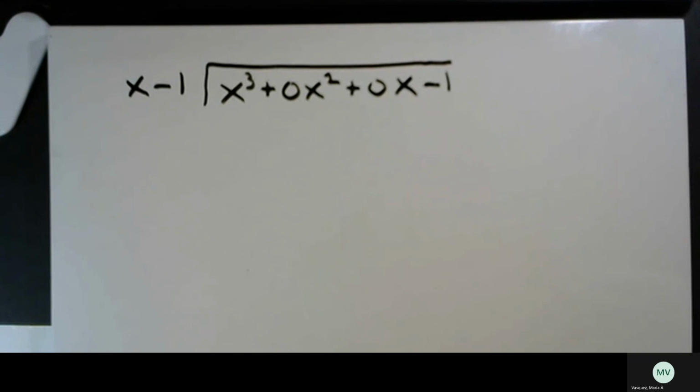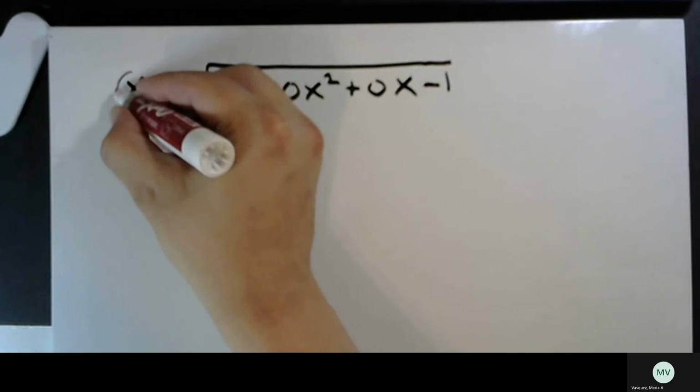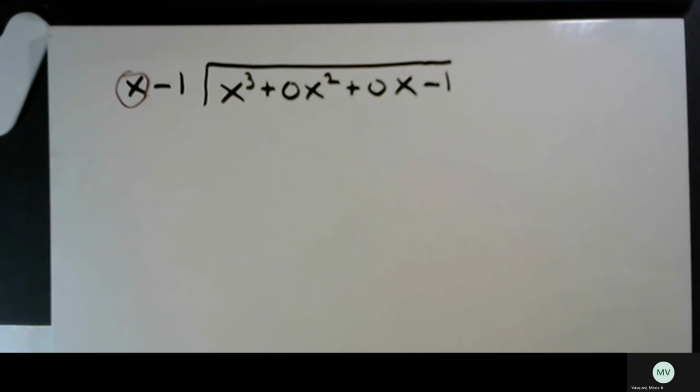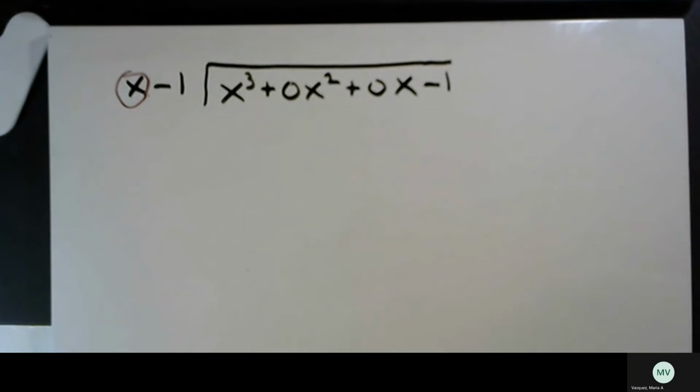So now we have this. So again, the first term of the divisor is going to be doing all the work. And we'll take first term divided by first term.